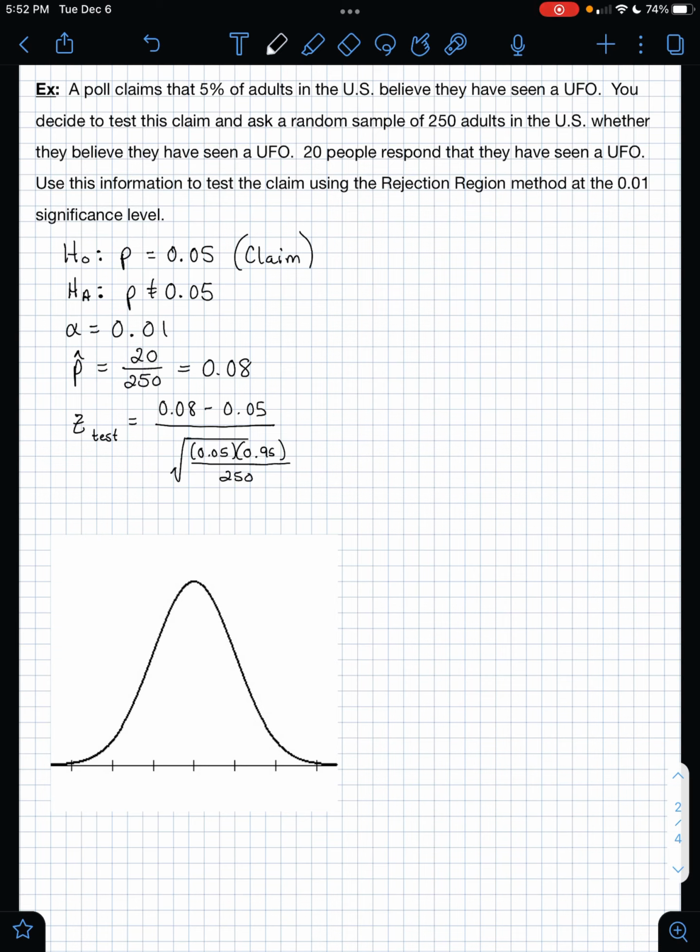Now please note, this entire fraction is underneath the radical. For the purposes of our calculation, we need to be very careful about that. So we could turn to our trusty calculator. And we get a test statistic here of 2.176.